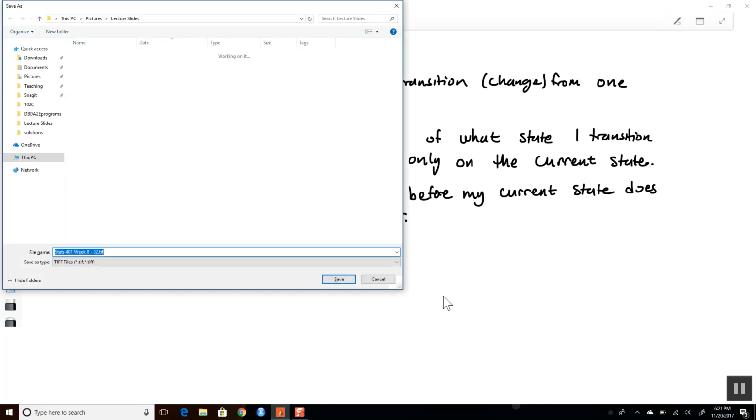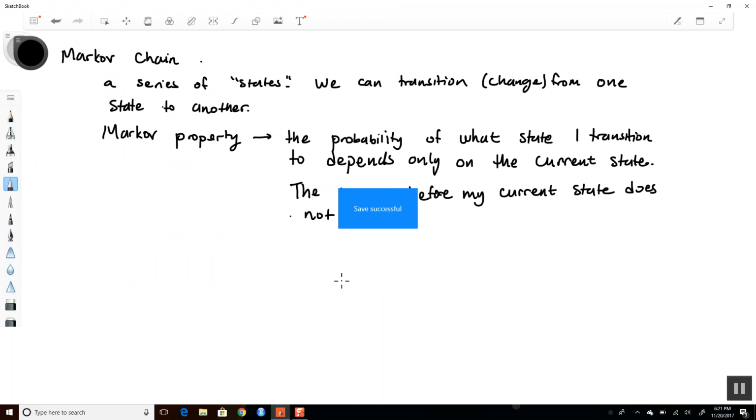Okay, and this Markov property may not be 100% accurate, but it can serve as a decent approximation of reality.